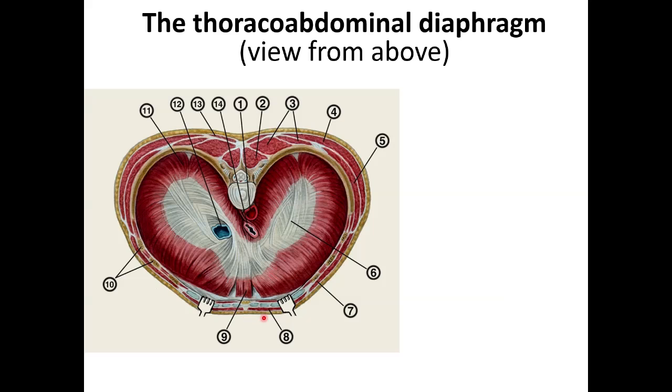So we can find all the structures from here. First of all, I'd like to begin in order from number 1. What is number 1? Number 1 demonstrates the aorta. Here it is, the aorta.